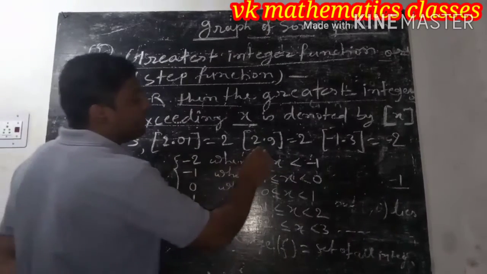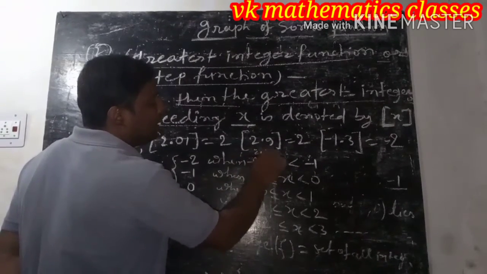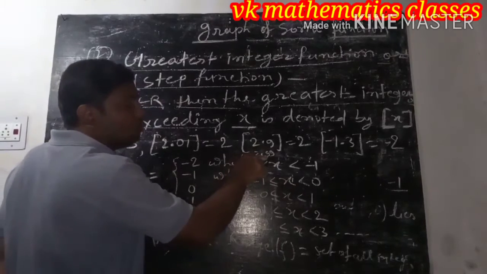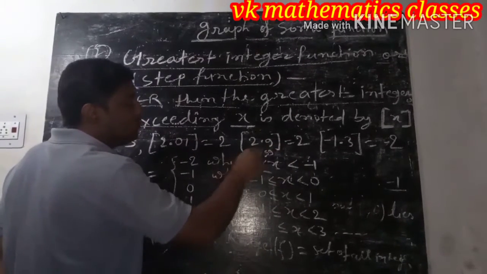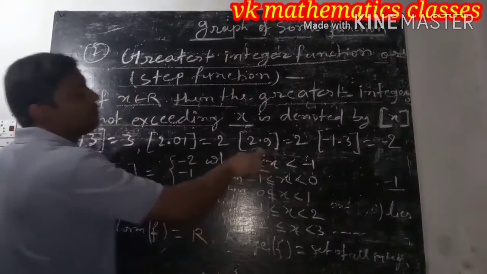If we take 2.99, then also this is equal to 2, because 2 is the greatest integer.